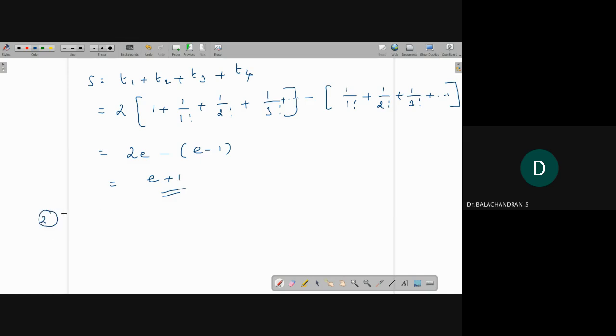Second problem, sum to infinity of a series: 5 by 1 factorial plus 7 by 3 factorial plus 9 by 5 factorial and so on.